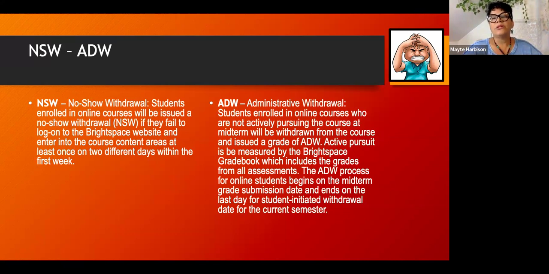You at least will need to have 50% of the assignments complete. So if a student fails to do that, it would be withdrawal as well. Okay, so please make sure that you are visiting the site, checking your emails, your announcements, and accessing the materials for the class.